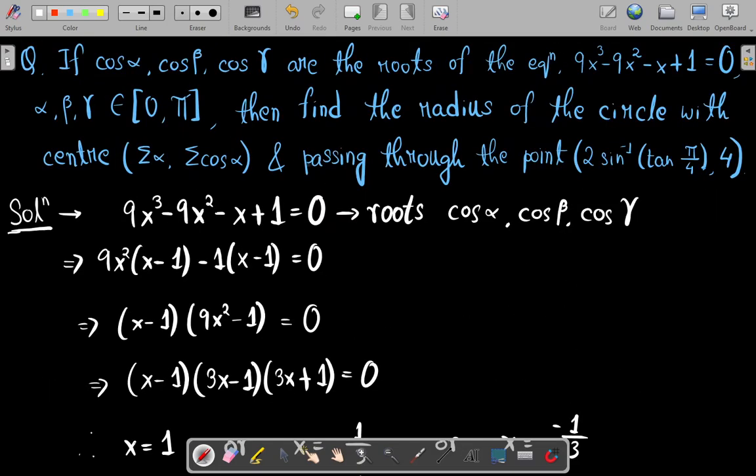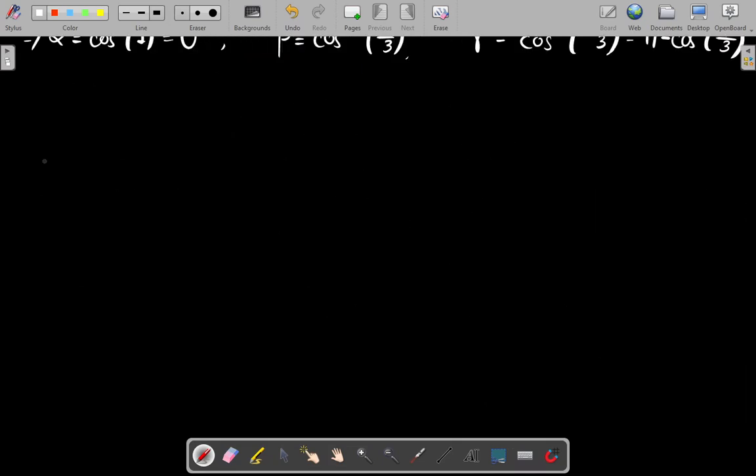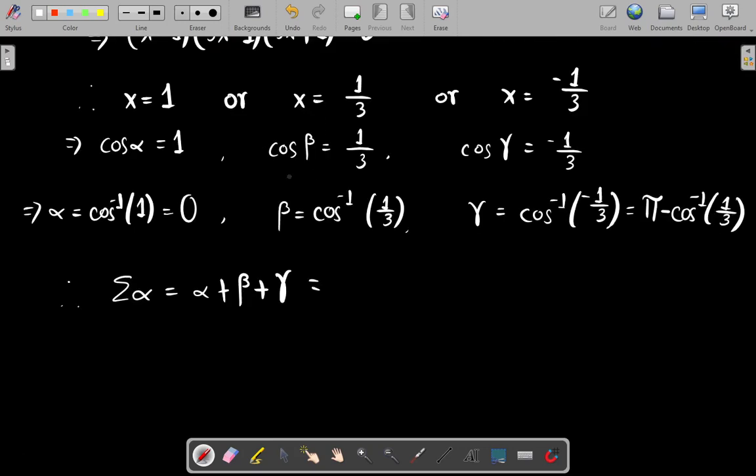So now we have to find the radius of the circle with this center and passing through this point. First of all, this summation alpha is nothing but alpha plus beta plus gamma. So what are the values?